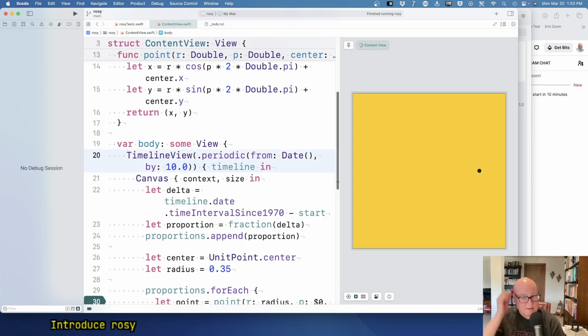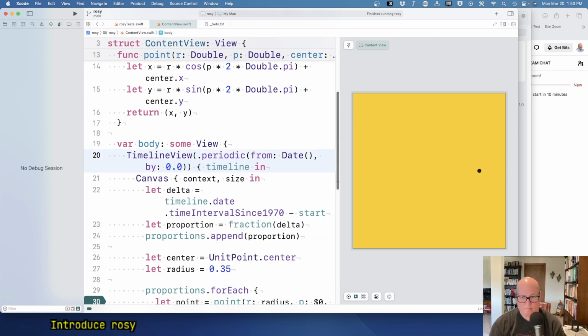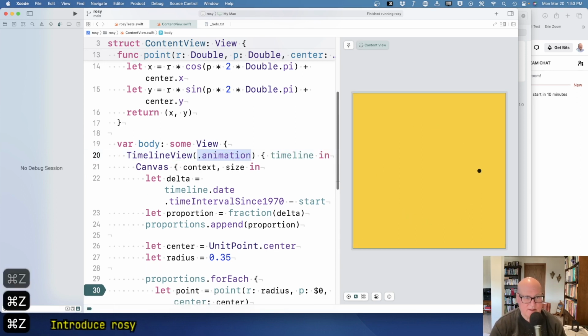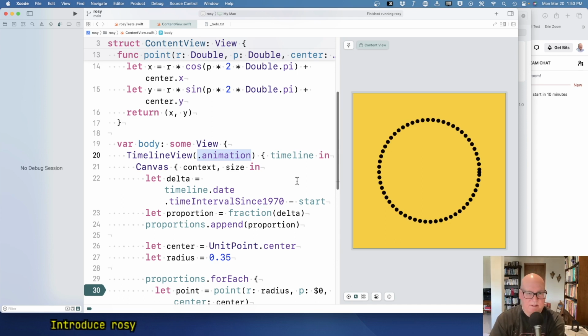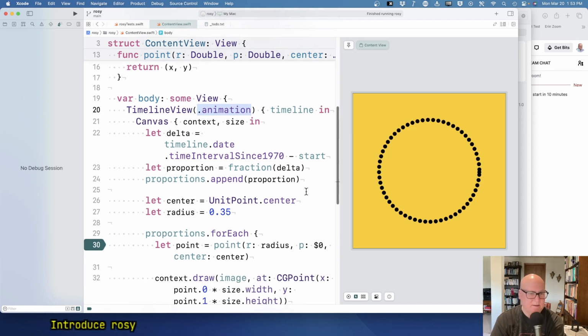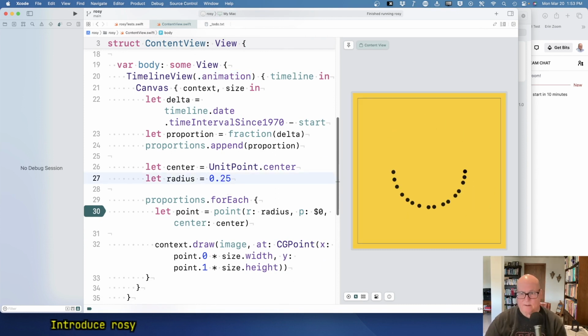Let's do 10 seconds. No, it's not doing what I thought. All right. I don't know. No, I think that animation was getting us about as good as it could do. What that false start is. Okay. And let's just try another value.